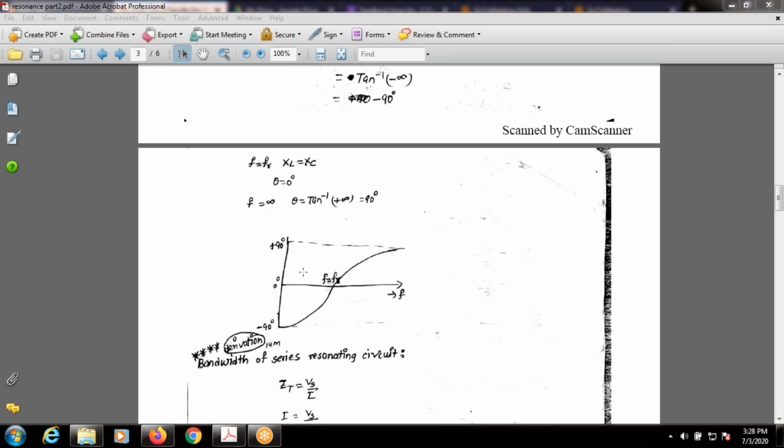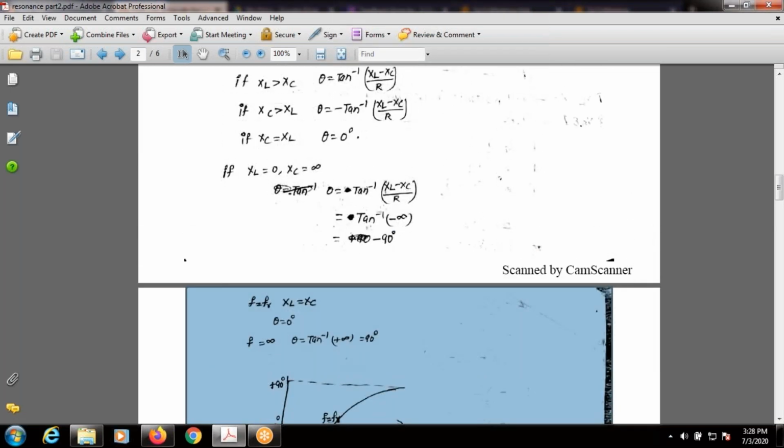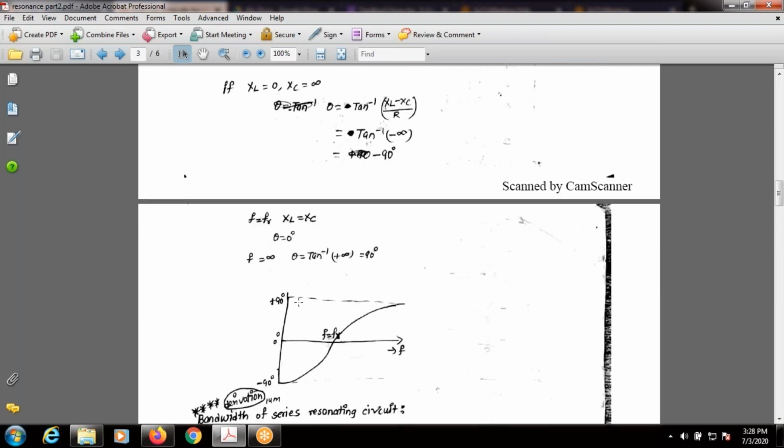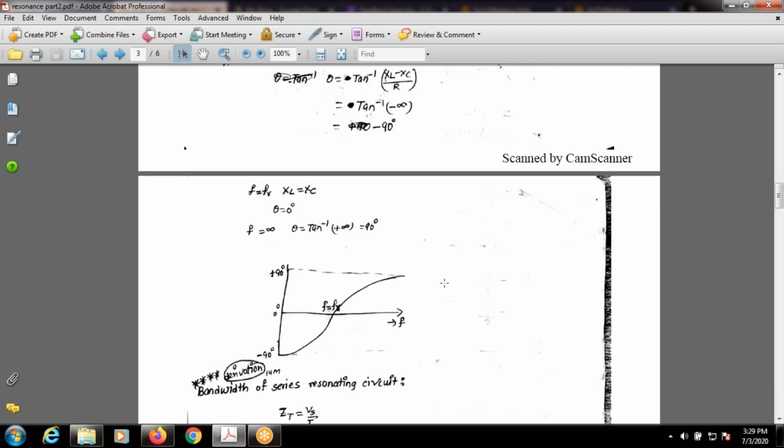When f is equal to 0, theta is equal to tan inverse of minus infinity, that is minus 90 degrees. And when f is equal to infinity, that is the maximum value, then theta is equal to 90 degrees.